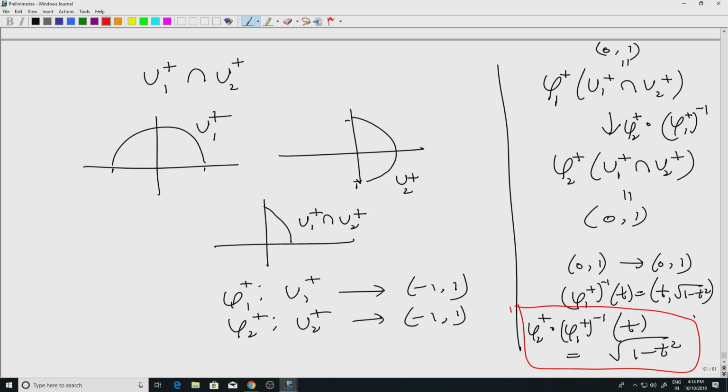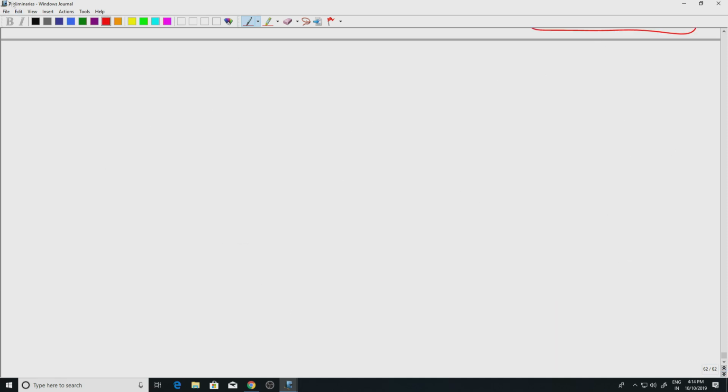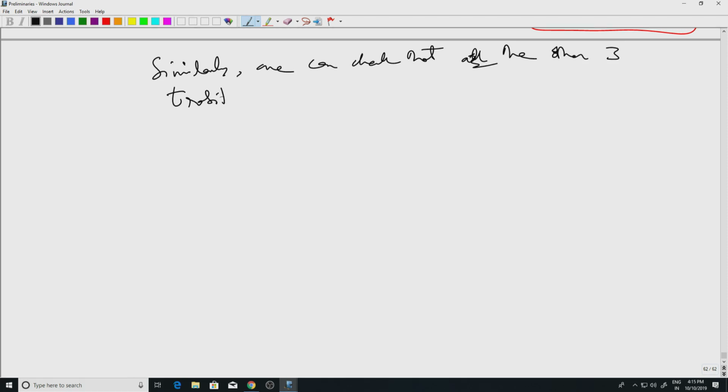Similarly, one can check that all the other 3 transition functions are C infinity. So that proves that S1 is a smooth 1 manifold.